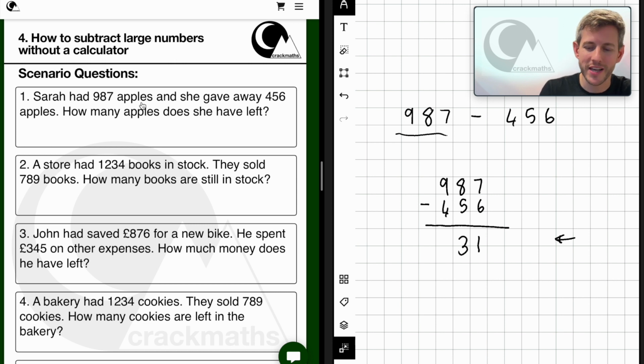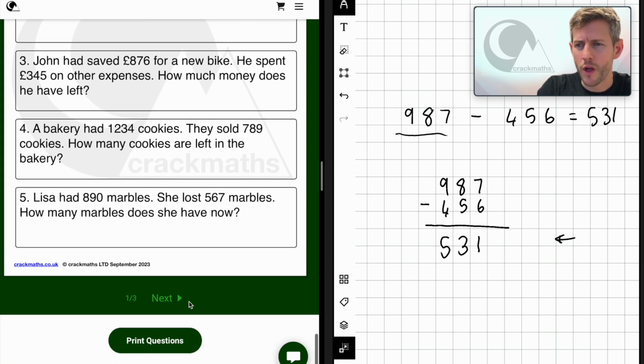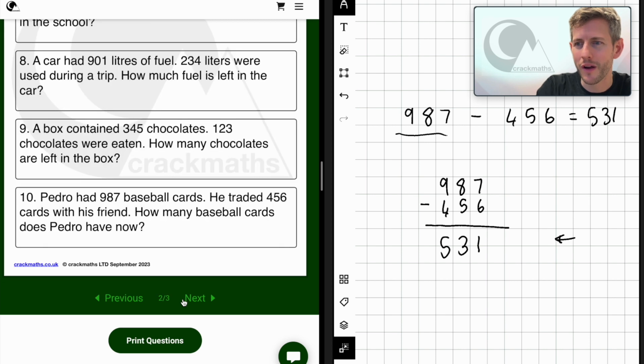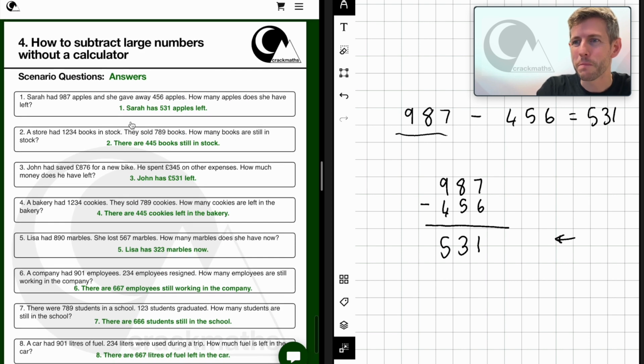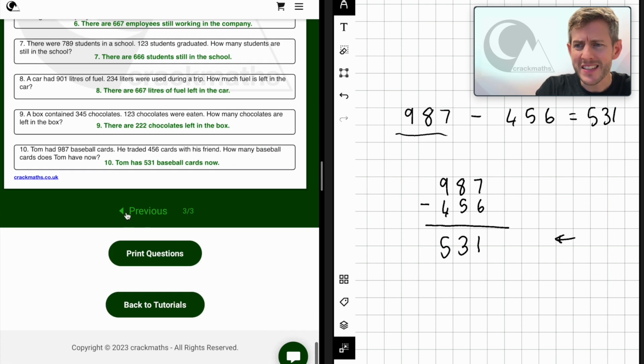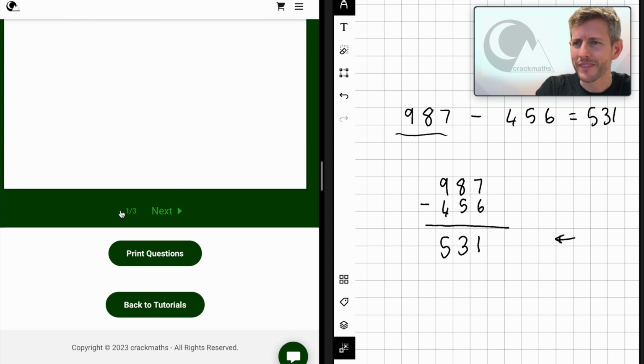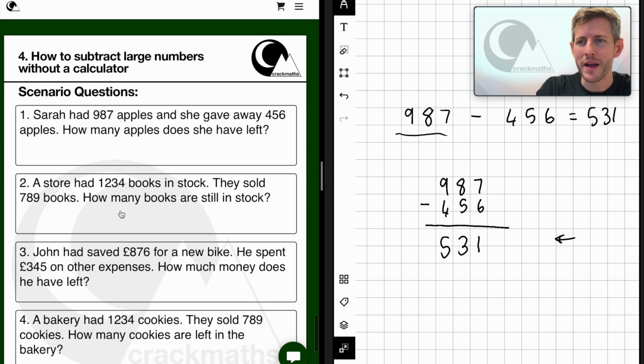And 9 take away 4 is 5. So the answer to this question is 531. Let's have a quick look to see if that is correct. Although that was quite a straightforward question, so I would be worried if it's not. 531. Okay.